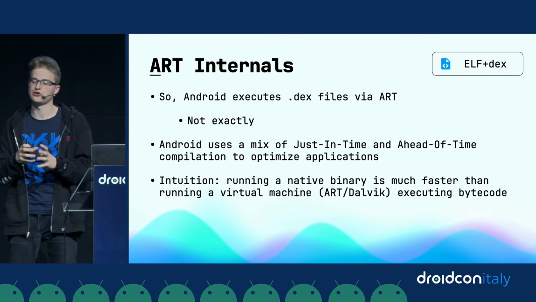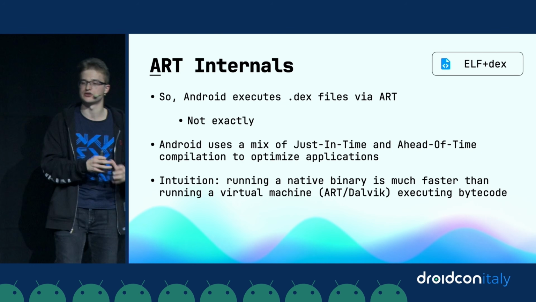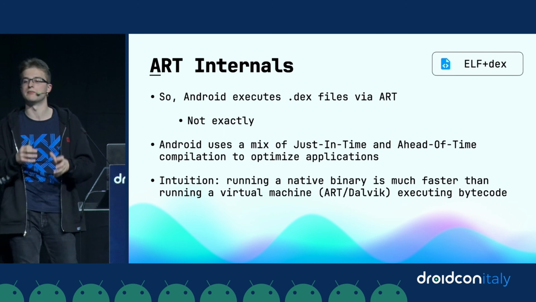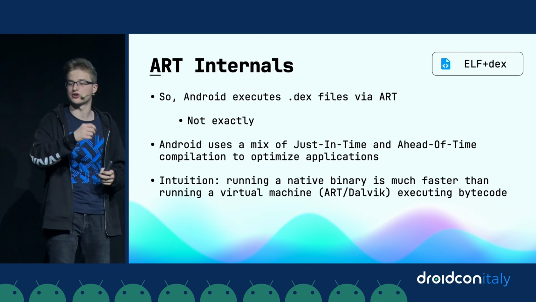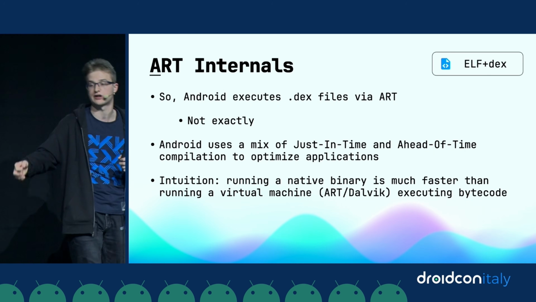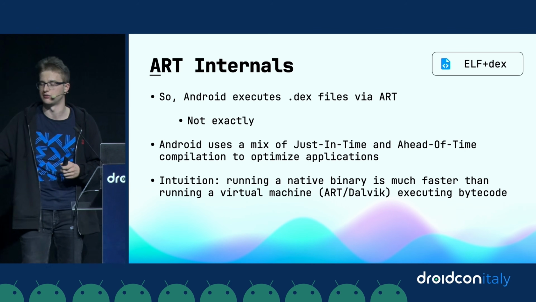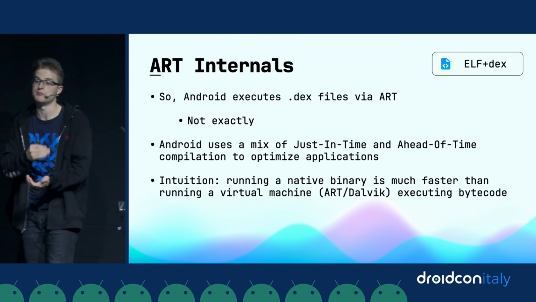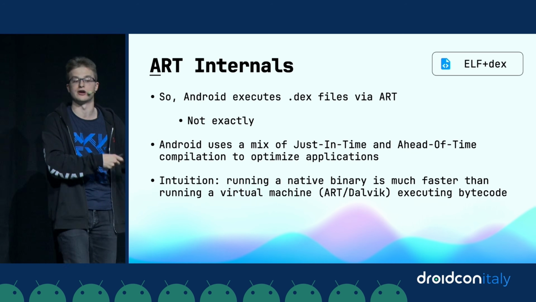Android uses a mix of just-in-time and ahead-of-time compilation to optimize application execution and make your code run more efficiently on that specific device, because the way you wrote it may work on a general representation, but on some specific device or architecture, there are optimizations that can lead to a much better performance improvement. And the intuition is that a compiled binary of the same application is going to run faster than its counterpart executed on a virtual machine.